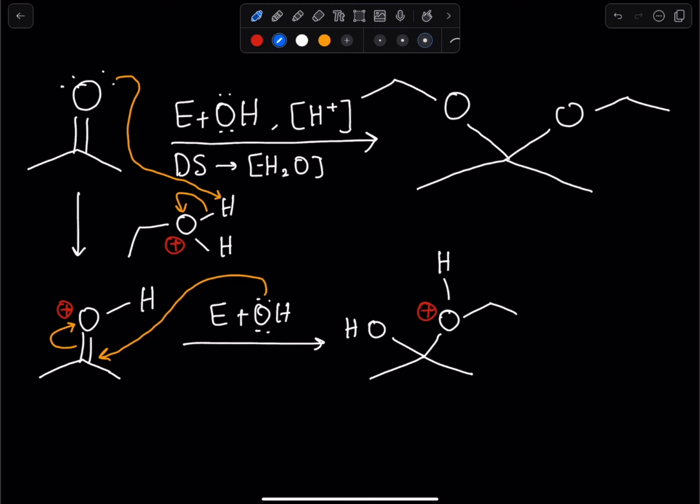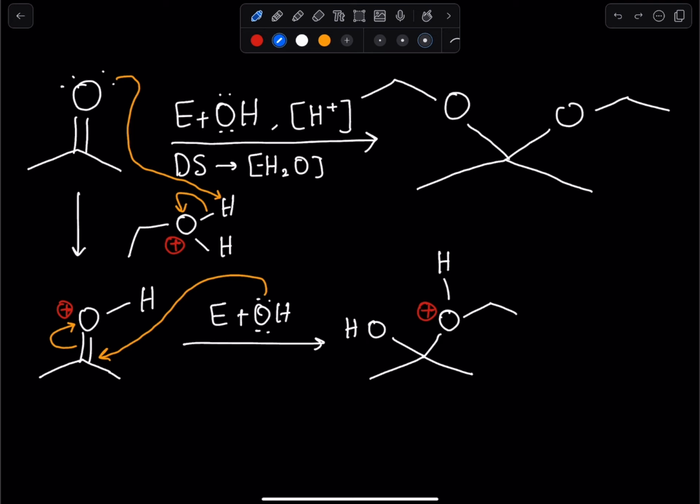Now, notice what's going on. In the reactant, we had an oxygen that had no alkyl group. But in the product, we have oxygens that do have alkyl groups, right? They have ethyl groups. In this intermediate, we have exactly that. We have actually both. We have an oxygen with no ethyls, but we have an oxygen with an ethyl.